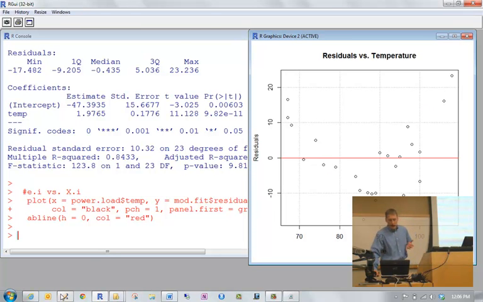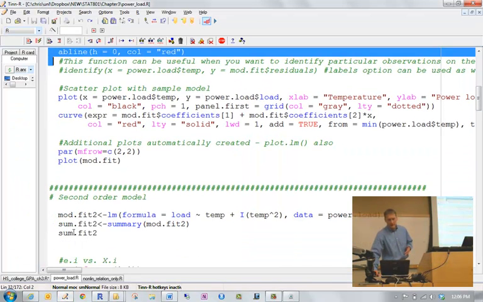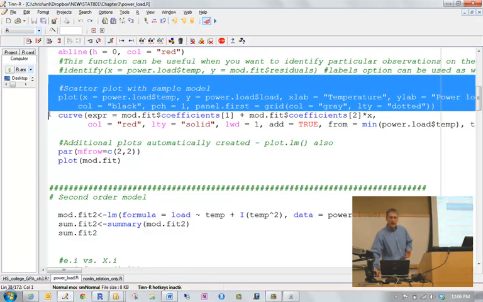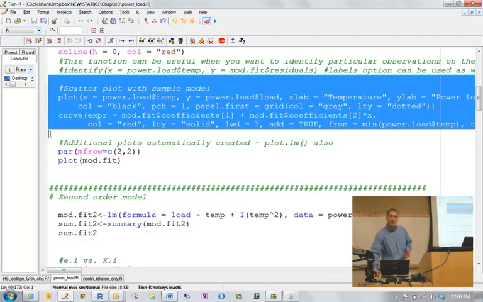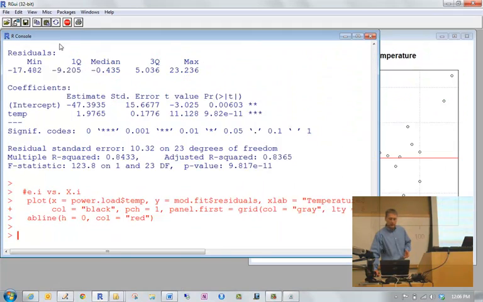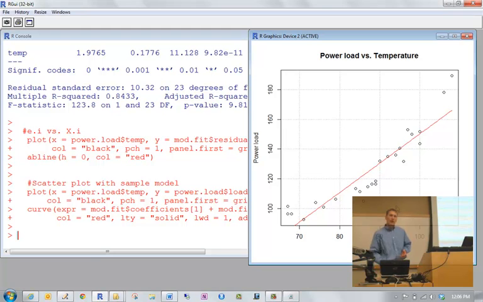And because we only have one predictor variable, we can also see this by doing a scatter plot of the data with the sample model on it. Notice here how the points are above the line up here, and generally speaking the points are below the line down here.